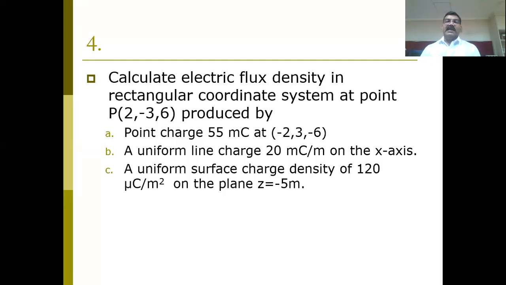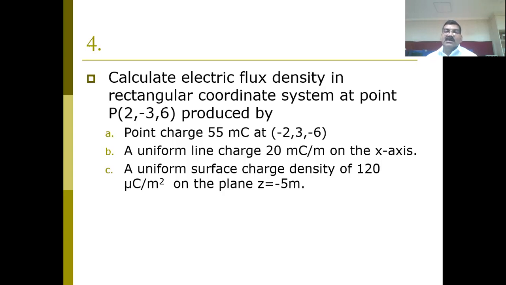So calculate the electric flux density in a rectangular coordinate system at point P equals (2, -3, 6) produced by a point charge 55 microcoulomb at (-2, 3, 6).